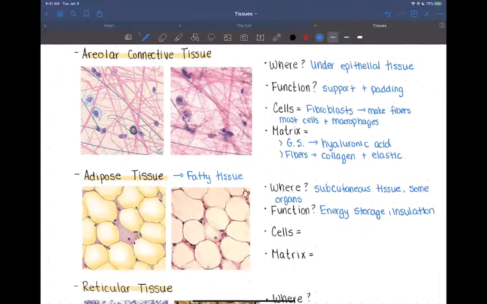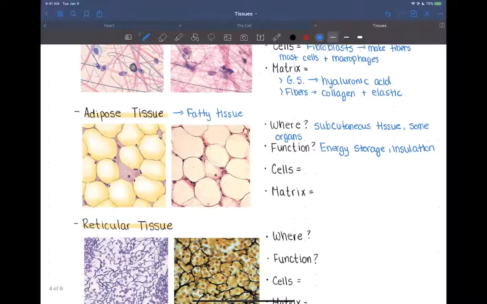Okay, and the cells in adipose tissue are called adipocytes. These are the fat cells. When we're looking at this picture, this would be one adipocyte here. These adipocytes essentially fill almost completely with fat. I'll draw it on the little diagram over here. If we were to draw the little fat vacuole inside this cell, it would essentially be like this.